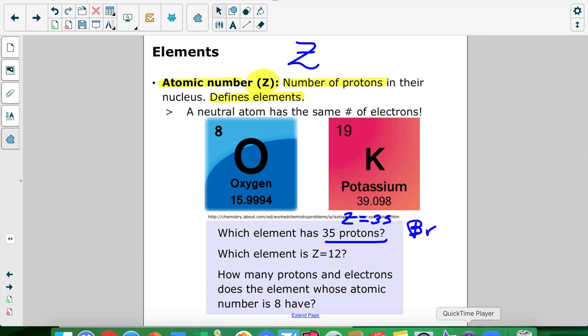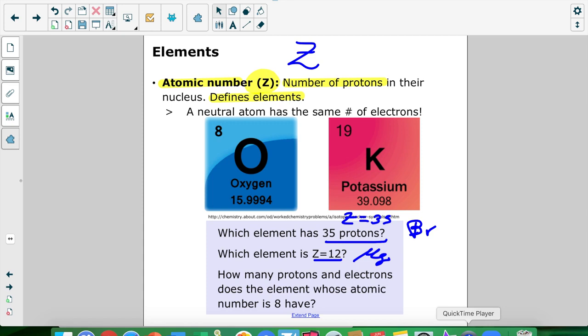And what element has a Z of 12? Which element has 12 protons in the nucleus? Again, you find the atomic number 12 in the periodic table, and you will realize that we're talking about magnesium.